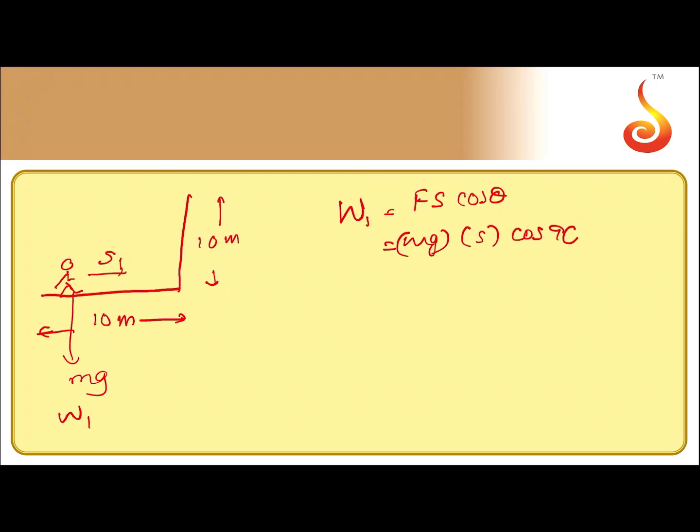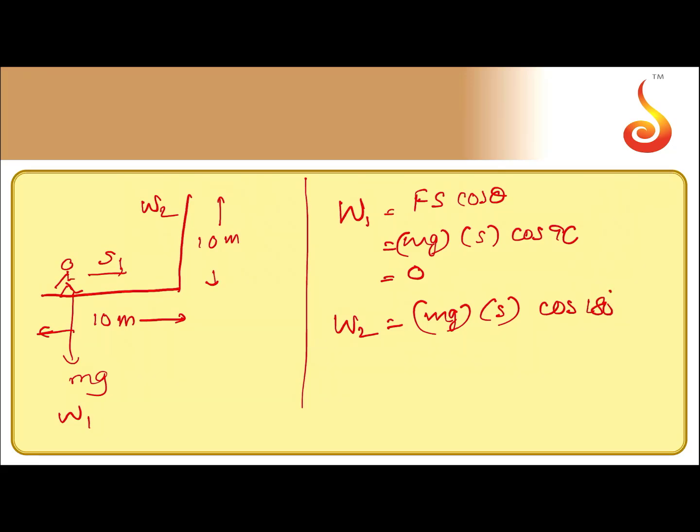As his displacement and the force are perpendicular to each other, the work done by him during this journey is 0. Whereas for the second part of the journey, let the work done be W2. So in this case it is mg into s into cos 180. That's right. This is going to be 180.